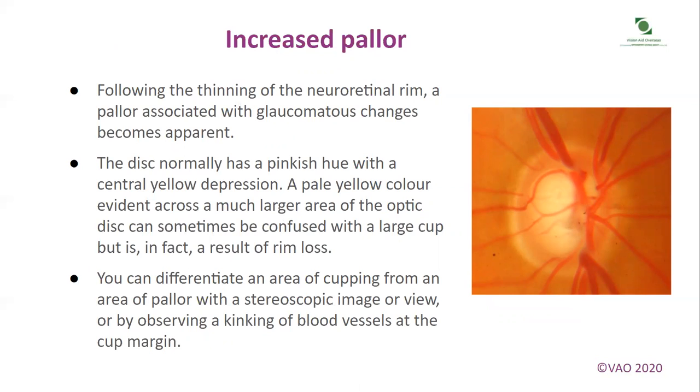A pale yellow colour, evident across a much larger area of the optic disc, can sometimes be confused with a large cup, but is, in fact, a result of rim loss. You can differentiate an area of cupping from an area of pallor with a stereoscopic image or view, or by observing a kinking of blood vessels at the cup margin.